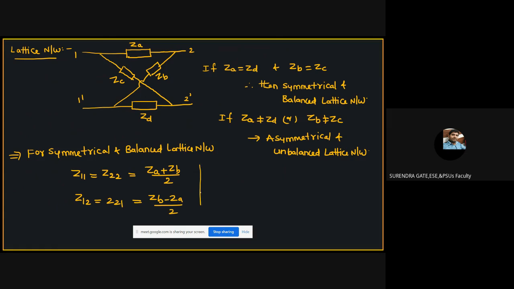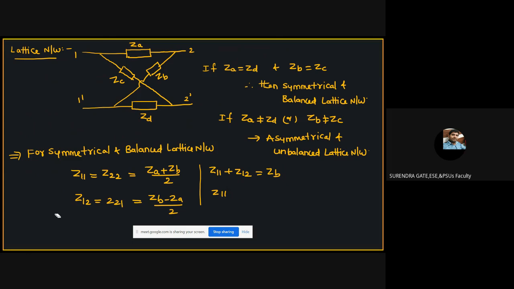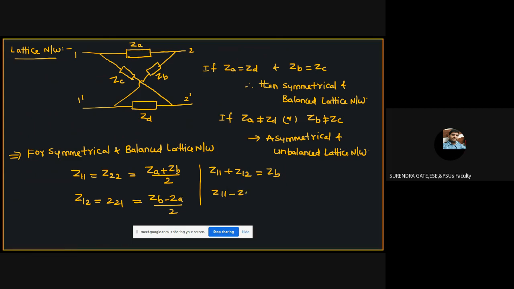And if you do Z11 plus Z12, what can you get? Z11 plus Z12 we can get ZB. Z11 minus Z12, what can you get?